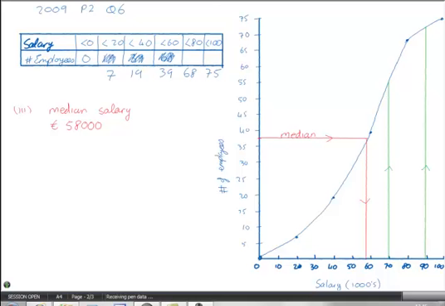You're going to go straight across then. And it's in that section there. They're the number of employees that earn between 70 and 90,000 euros. So that's from 55 to about, I'd say, 73.